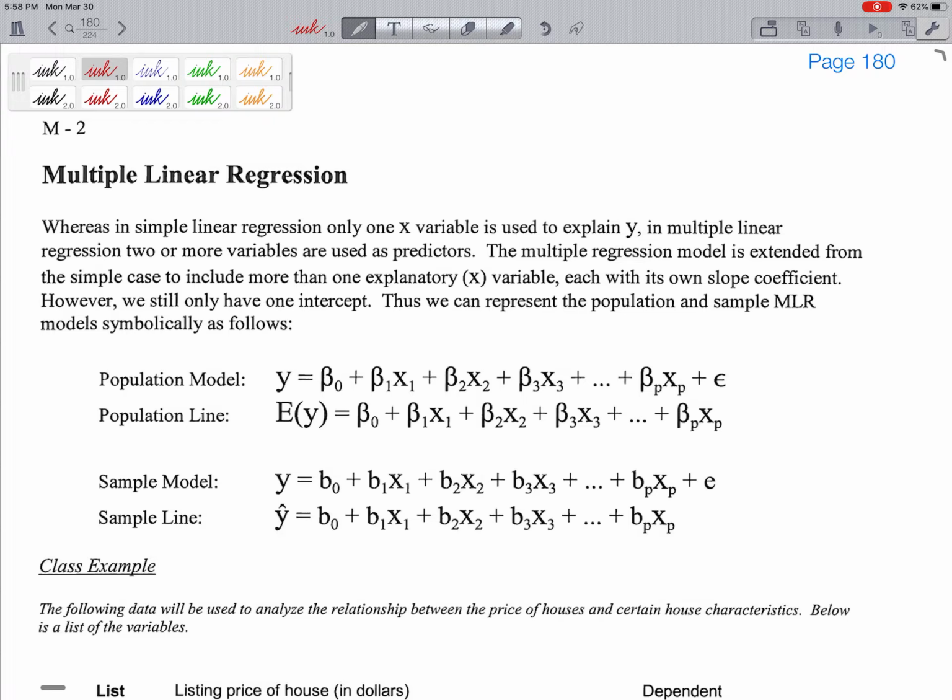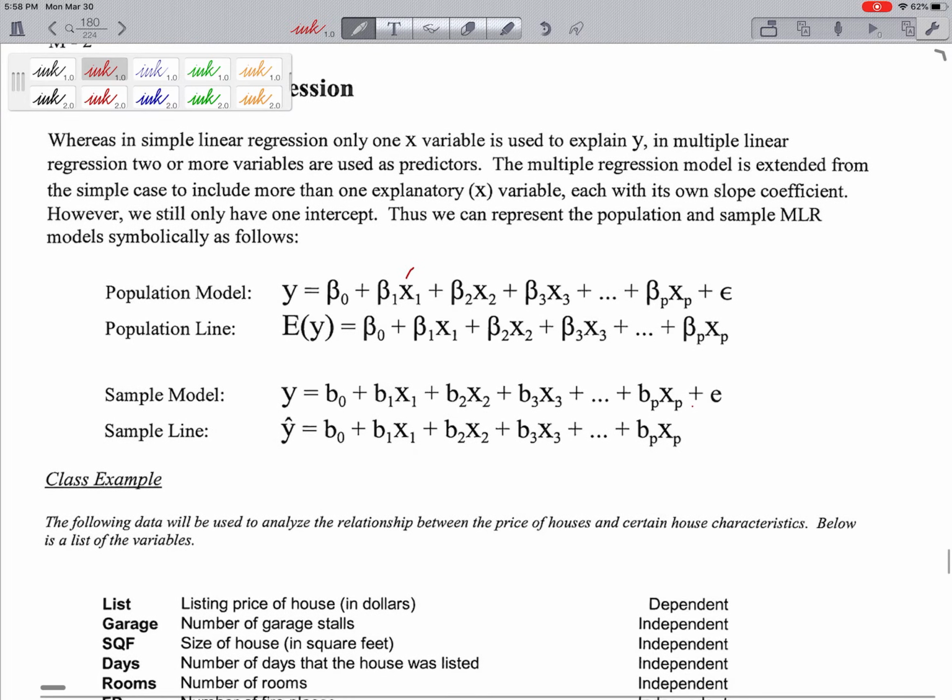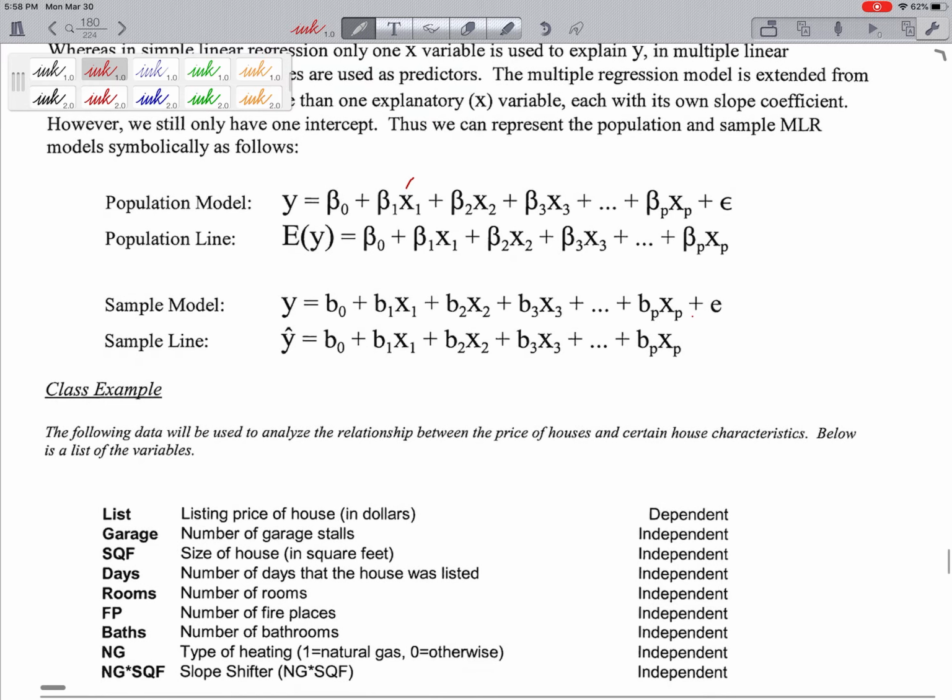We'll be looking here at the price of a house, which will be our y variable. And what are the factors that go into determining the price of a house? One of the variables will be the size of the house. Actually, the order that we've got them is shown down here.